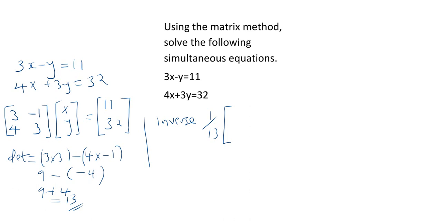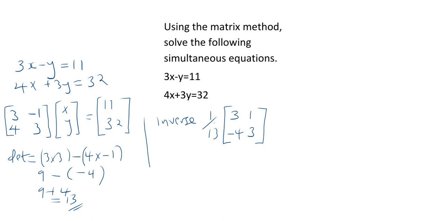Then we change the signs in the other diagonal. So this will give us 3. 4 becomes -4. 1 will be 1. And we have 3, because in the principal diagonal we have 3 and 3. So that is the inverse.